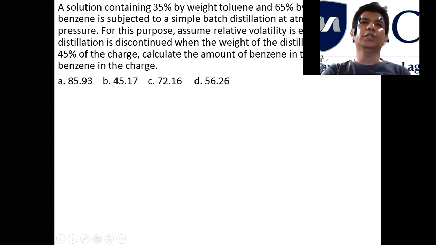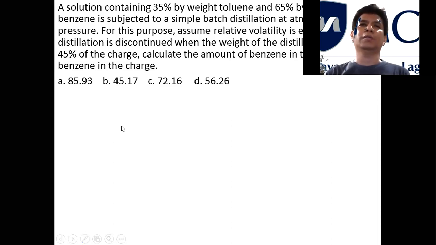So a solution containing 30% by weight toluene and 65% by weight benzene is subjected to a simple batch distillation at atmospheric pressure. For this purpose, assume relative volatility is equal to 3. So the first thing that we need to determine is what would be X sub F. Which of the two is the more volatile component? Because X sub F is always expressed in terms of the more volatile component.